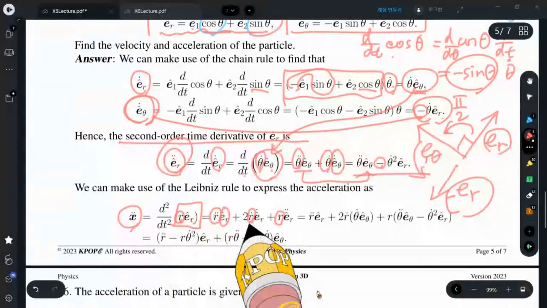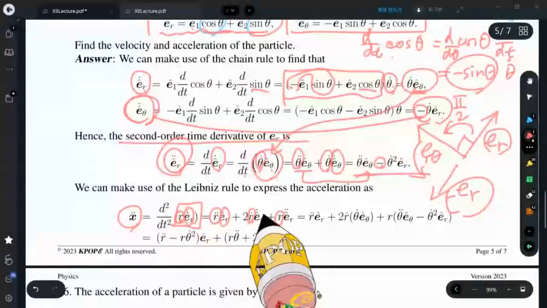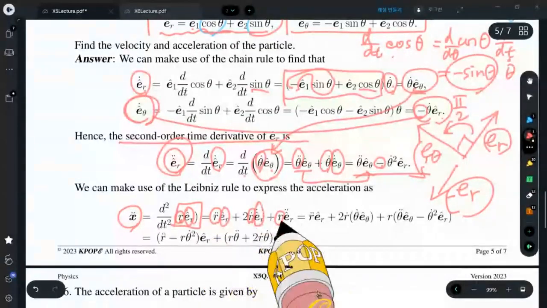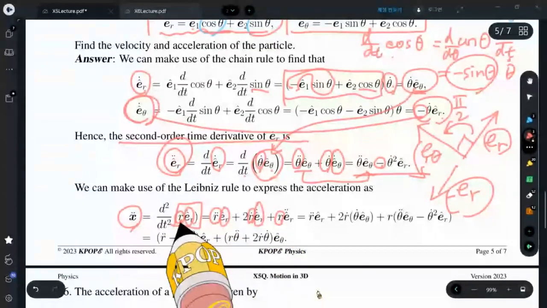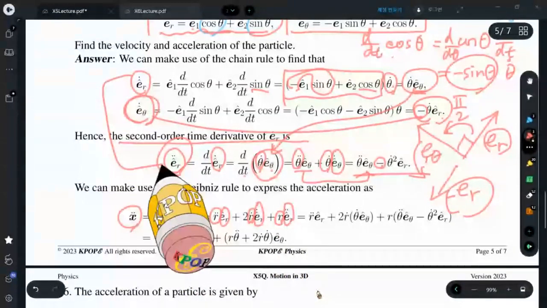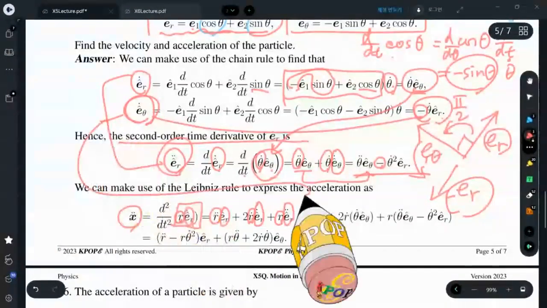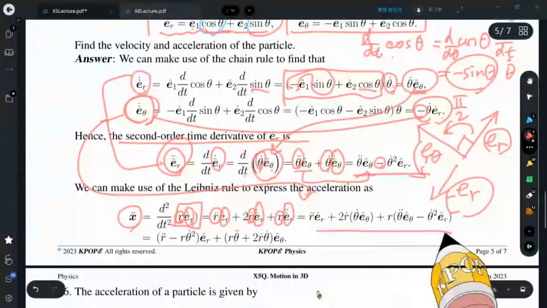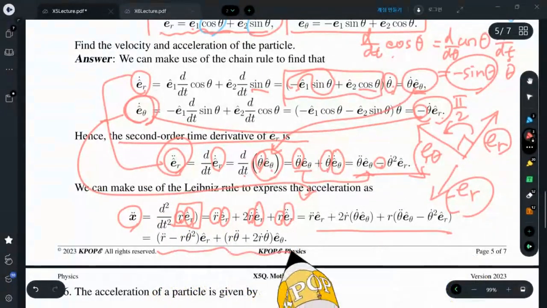If R carries a single derivative, then e_R has a single derivative. If R has no derivative, then e_R has a double derivative. I can copy all of these results here and simplify everything together.